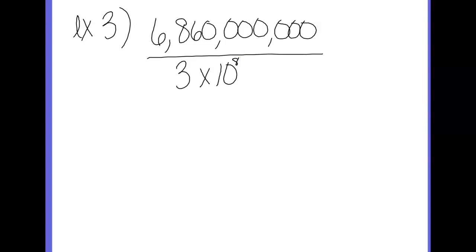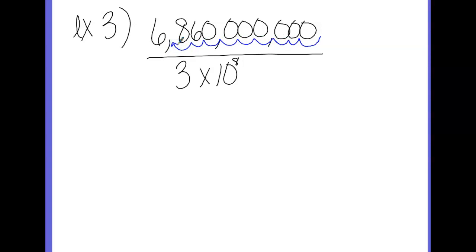Okay. Is my top number in scientific notation? No, it is not. But I can make it scientific notation, right? So if my decimal's back here, how many times am I going to have to move it so that I get a number between 1 and 10? 9.